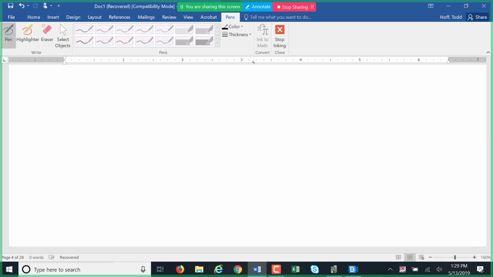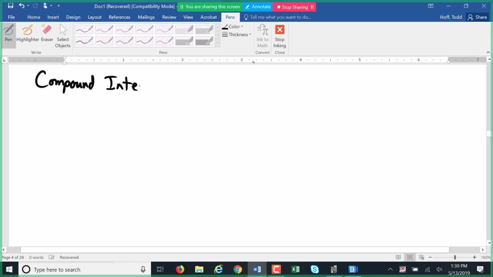We looked a little bit last class at compound interest. So our technical compound interest formula looks like this. The future value equals the present value times 1 plus, before we just put rate in here because we were compounding annually.